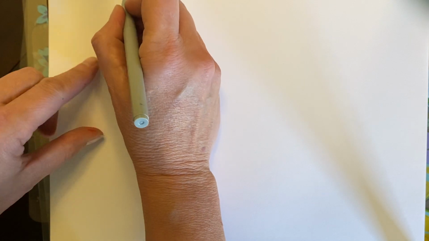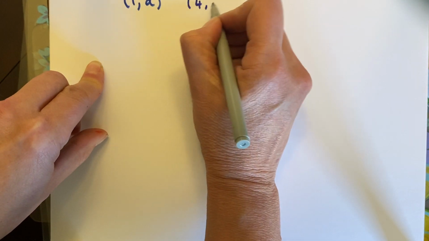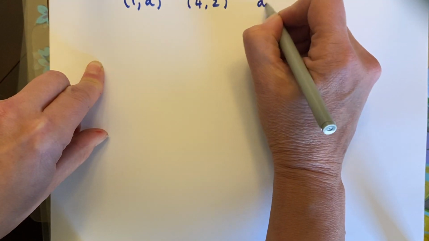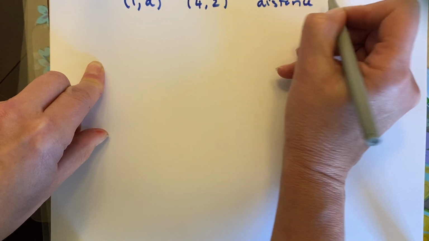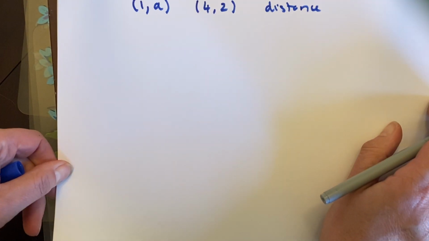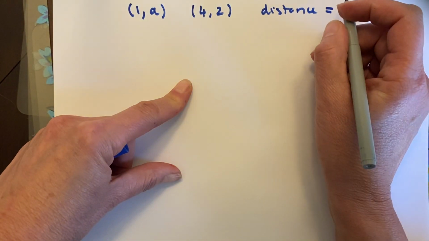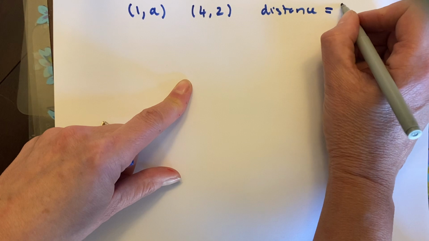The distance between point 1, a and 4, 2, and the distance we're being told equals 3 units.